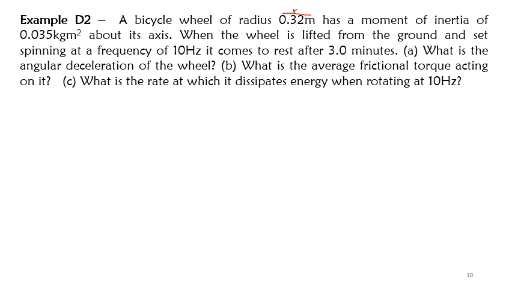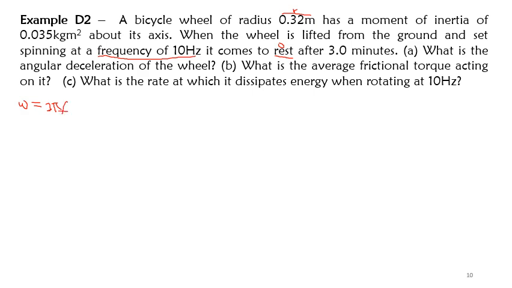So from this frequency, we are able to obtain the initial angular velocity, and since it comes to rest, the final angular velocity is 0 radians per second. The initial frequency f is 10 Hz, and remember that omega can be obtained as 2 pi f.